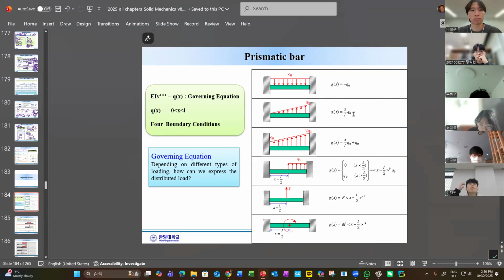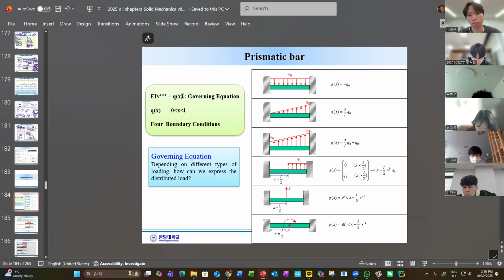Now, one thing we still need to cover in using this fourth order differential equation is how to represent the load in terms of a distributed load Q. Okay, this is the differential equation, right?